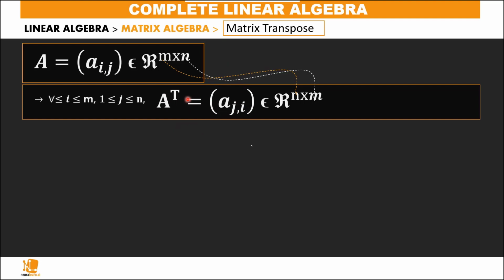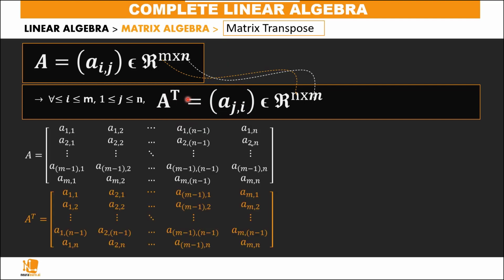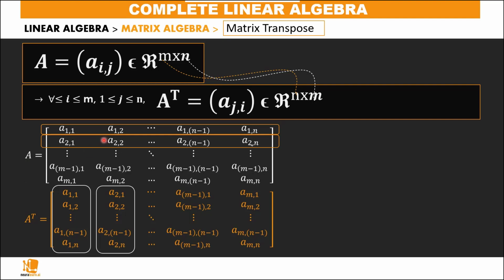Let's get into more details. With A given to us, we can always obtain A transpose. Notice that the first row of A becomes the first column of A transpose. Then the second row of A becomes the second column of A transpose.